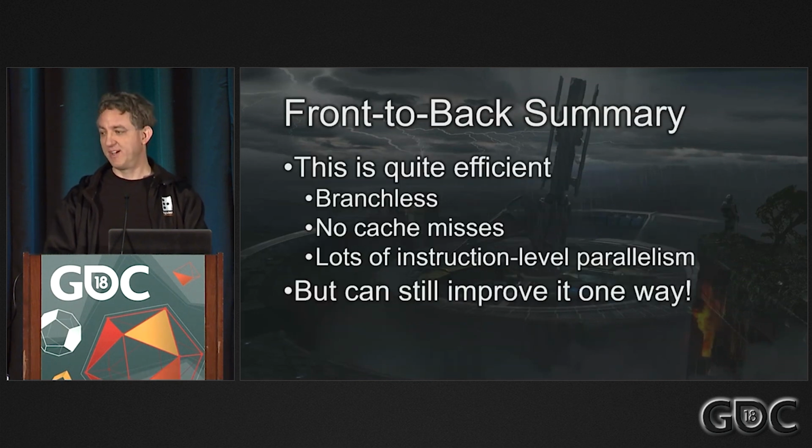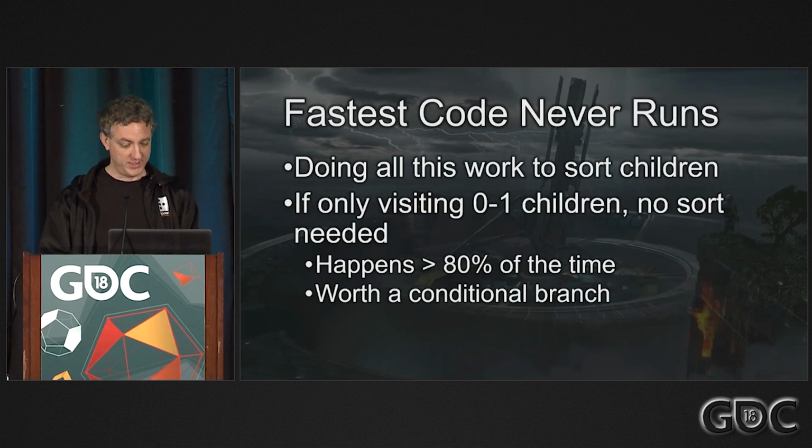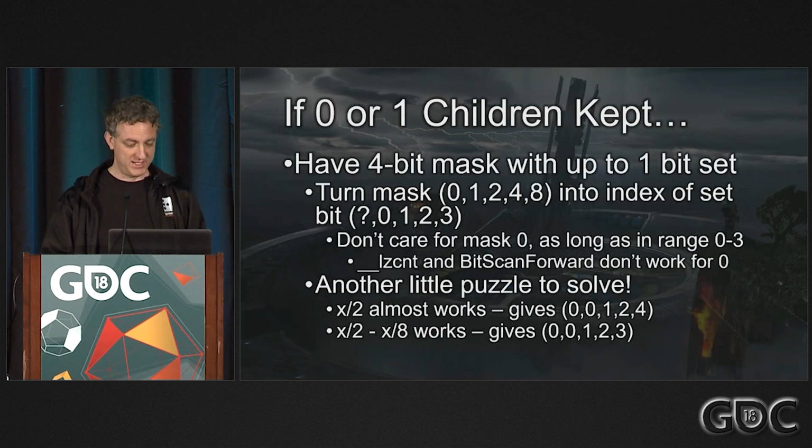And lots of instruction-level parallelism, so parallel CPU pipes can be effective, but we can still make it better one way by not doing it. It turns out that most of the time, 80%, we only have 0 or 1 children, and you don't need to sort if you've got that few. So it's worth the branch. If we know that we have 0 or 1, we have a 4-bit mask that we know has at most 1 bit set.